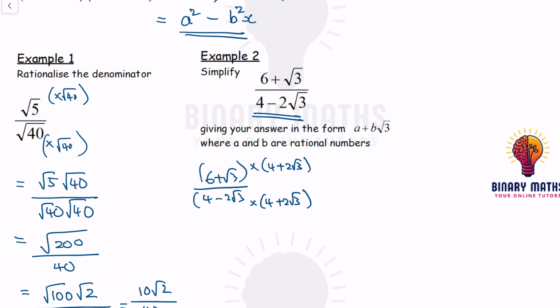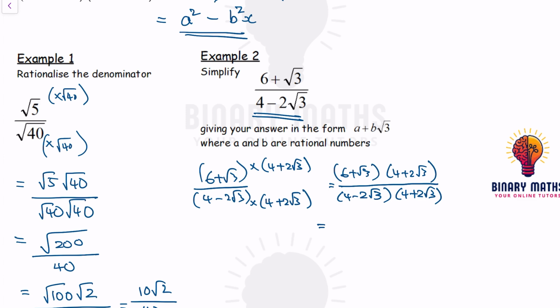Put brackets around it if it's going to make your life easier, which I end up getting 6 plus root 3 times 4 plus 2 root 3 all over 4 minus 2 root 3 times 4 plus 2 root 3.